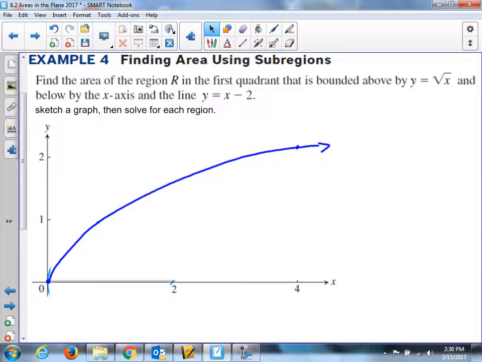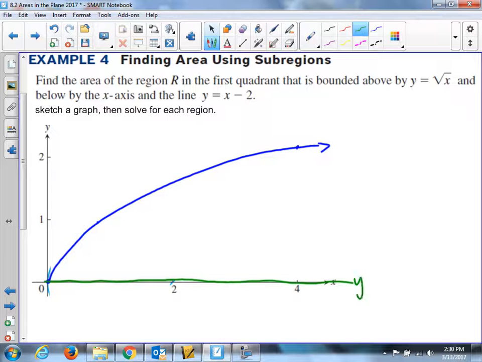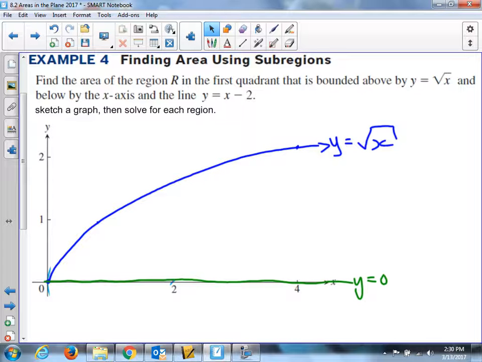Then, by the x-axis, so that's the line y equals 0, right? Y equals 0. Y equals root x. Y equals 0. Keep that in mind sometimes. That's the x-axis, right? It's not too complicated.